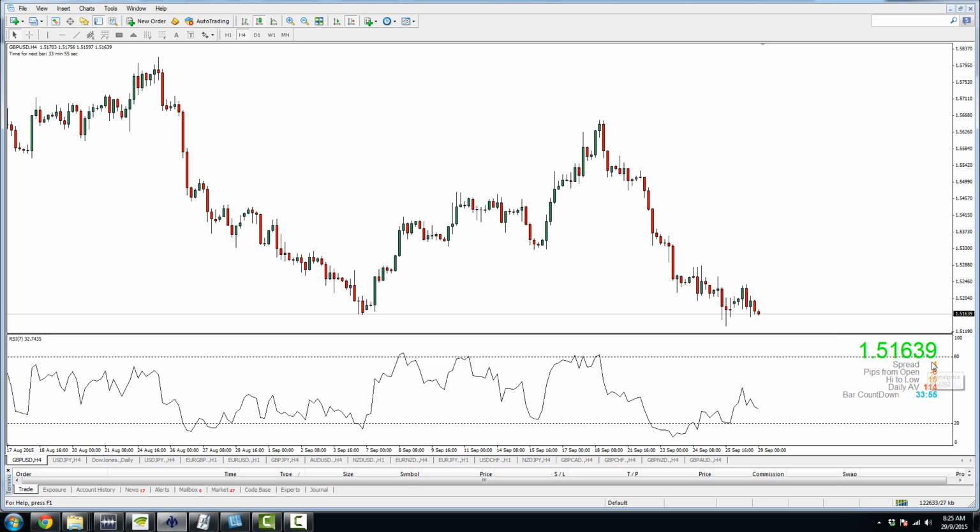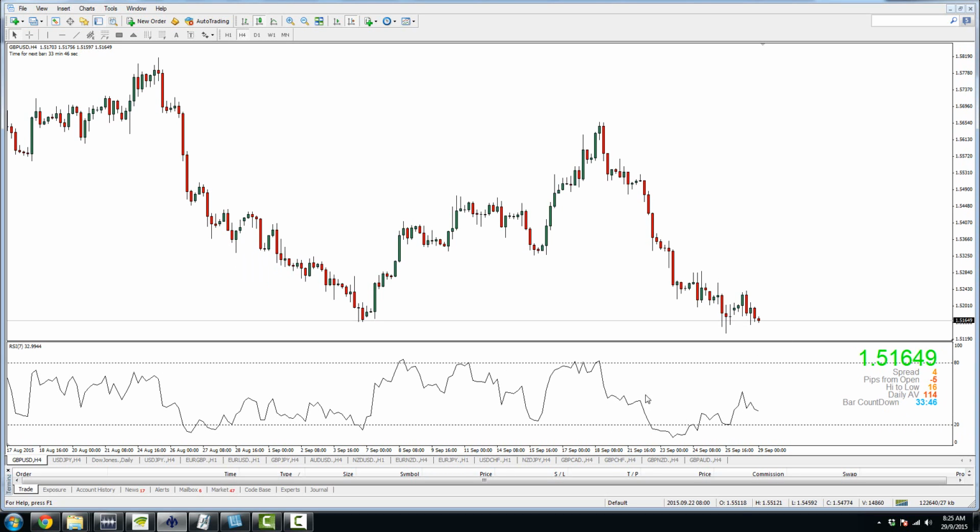We tell you what the spread is at the moment, what the daily average is, and in how long the particular bar will close. It's preloaded with RSI also. So if you don't like it, feel free to right click on the RSI and delete it.